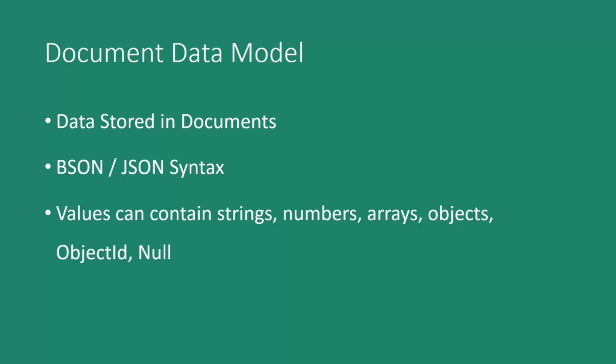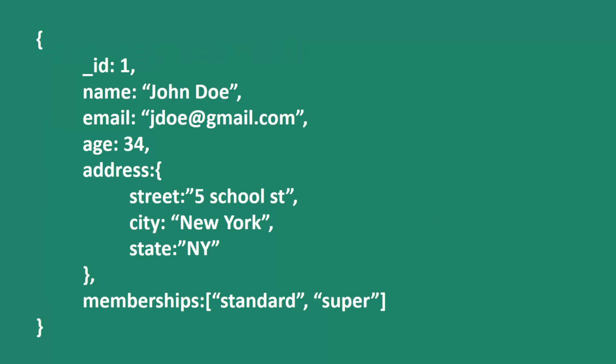Object IDs are actually created automatically by MongoDB and used as a unique identifier. Documents are stored in collections, which can be loosely compared to tables, although you usually don't have to predefine collections like you would with a table. You can do it through your application.